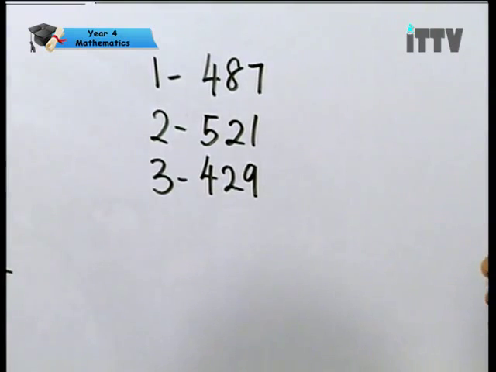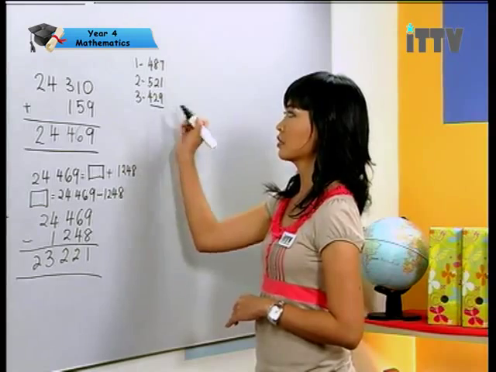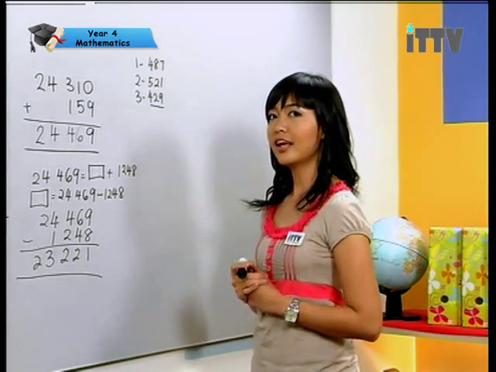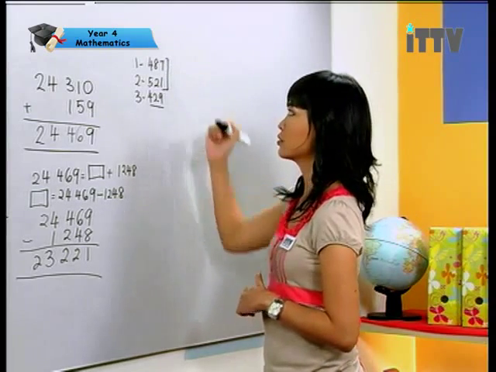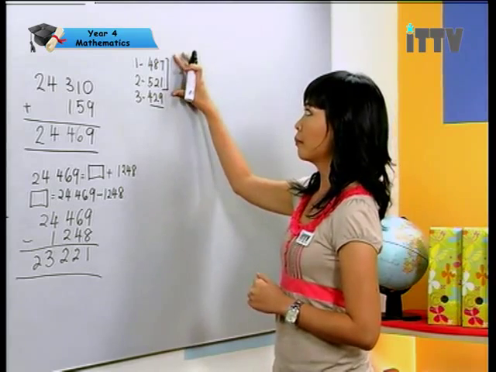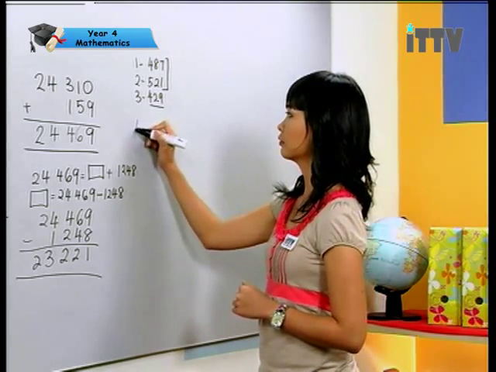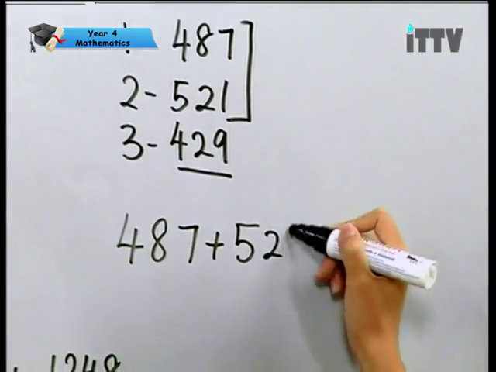The question wants us to find the difference between the customers for day 3 and the sum of the first 2 days. Okay, so I will add the first 2 first.